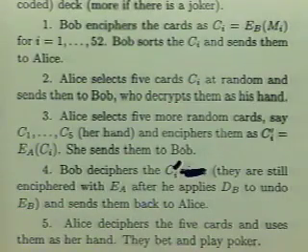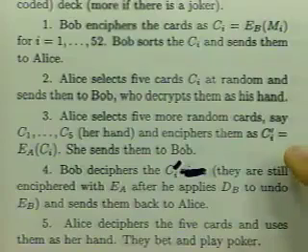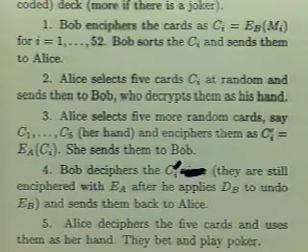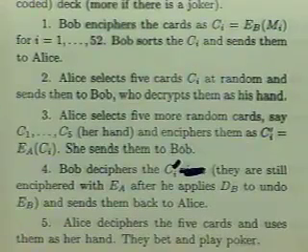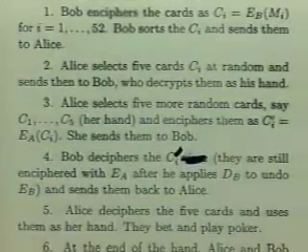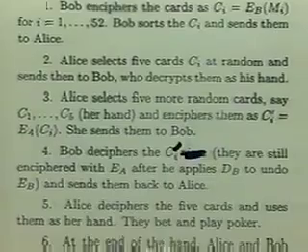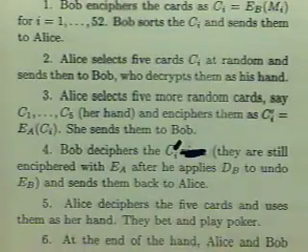So Alice calculates CI prime for I equals 1 through 5. This is her hand, and it has been enciphered twice. Once with Bob's cipher, once with Alice's cipher. Bob deciphers the CI primes.